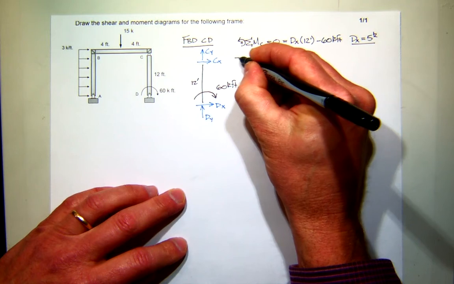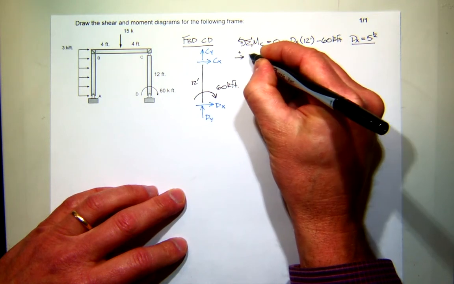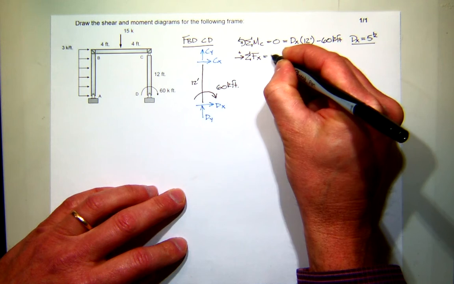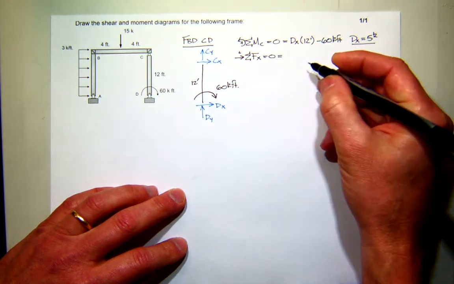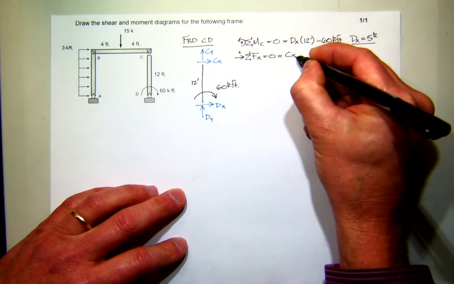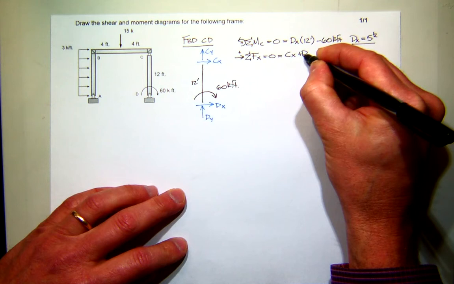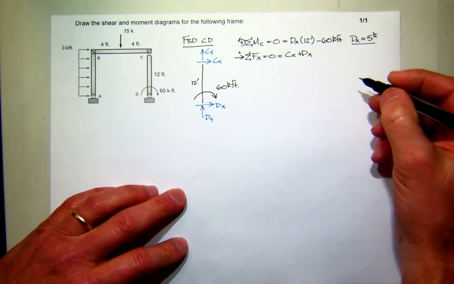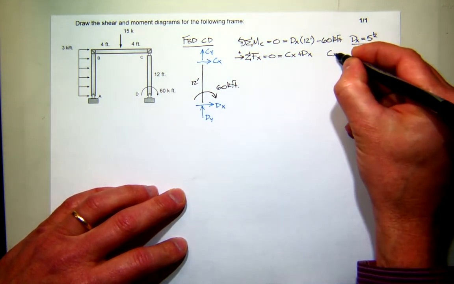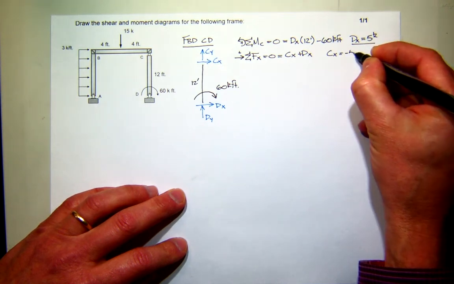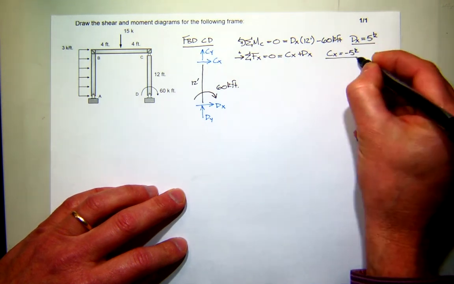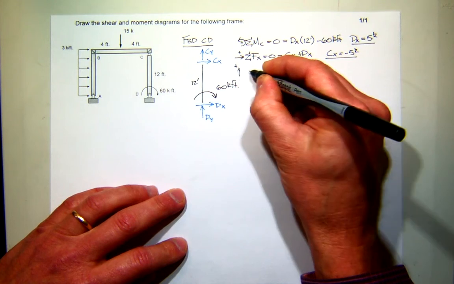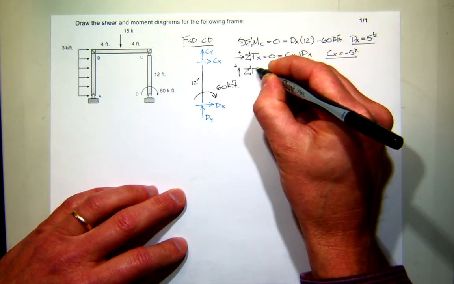So now I can come and sum forces in the X direction. And what will I find? Well, I got CX to the right, plus DX to the right, plus nothing. So CX is minus 5 kips. The last thing I can do here before I leave is I can sum forces in the Y direction.